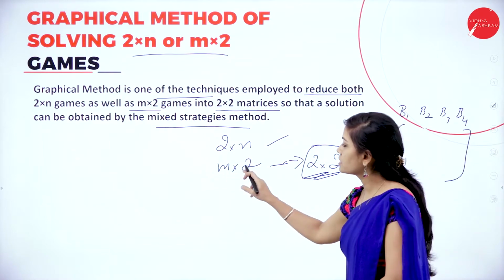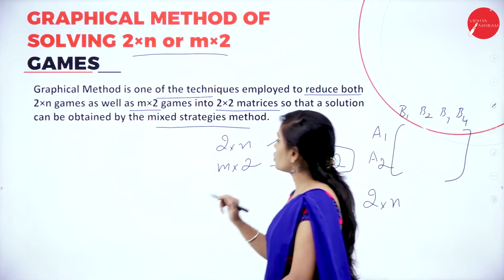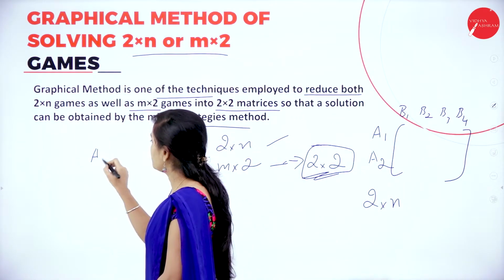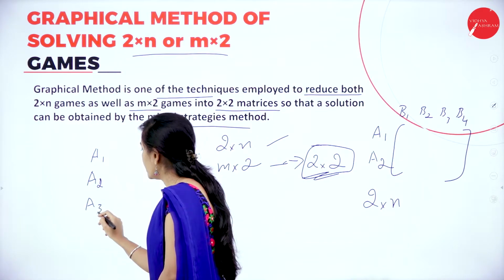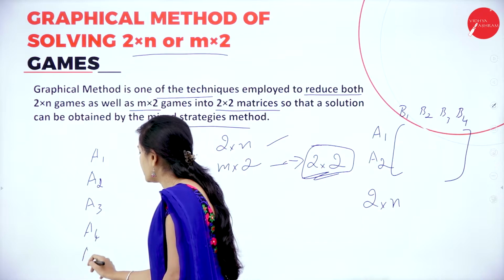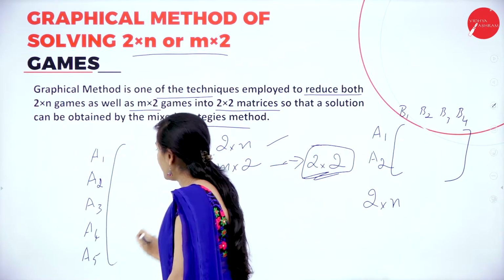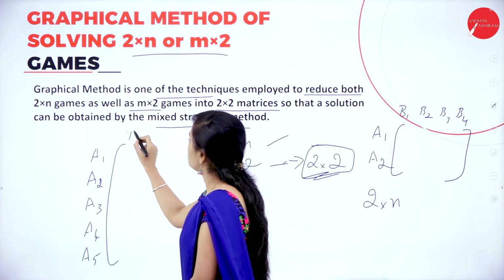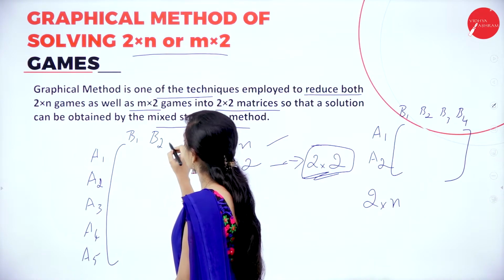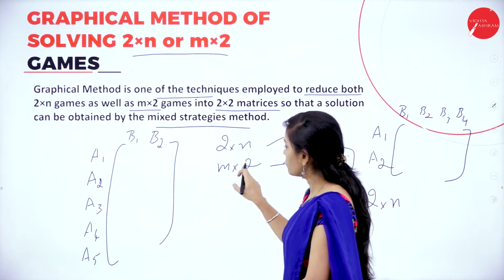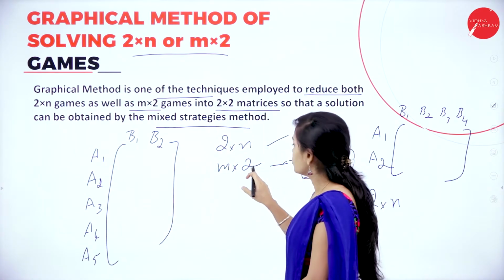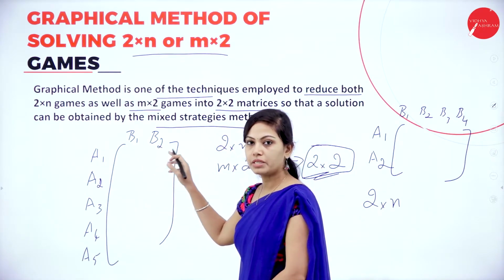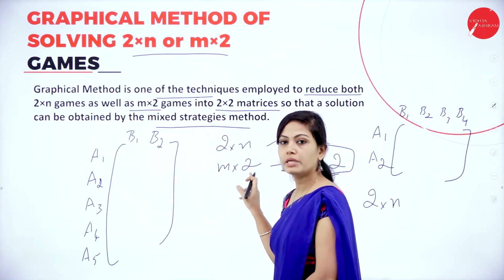And what is this m cross 2 game? M cross 2 game means, for example, player A has A1, A2, A3, A4 and A5, and player B has B1, B2. That means m cross 2: m number of strategies for player A and 2 for player B. That is called an m cross 2 game.